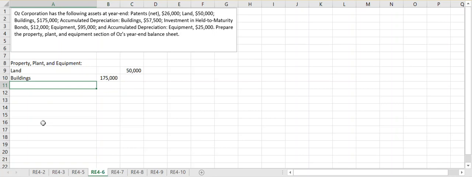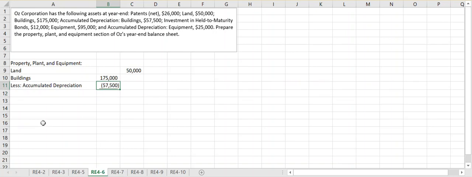So that building account is capturing how much we in fact paid for that building, but then we have to subtract away our accumulated depreciation on that building. So we believe that our building has come down in value by a total of $57,500 over the years because we're using that building to help run and operate our business. And again, depreciation is a way for us to slowly eat away at that initial cost value.